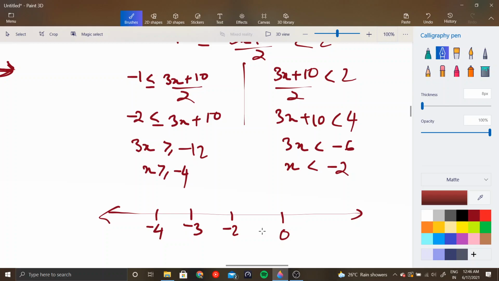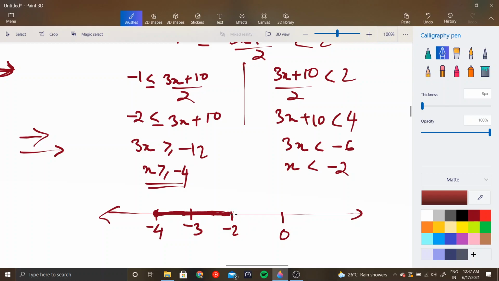So suppose this is your number line, right? Now how do you represent x ≥ -4? When you're dealing with negative numbers, greater numbers are towards 0, okay? The sign greater than basically means move right on the number line. So always when finding greater numbers, move towards the right.